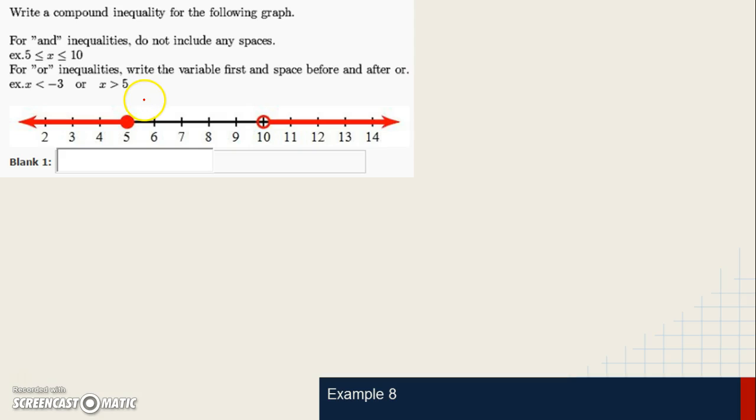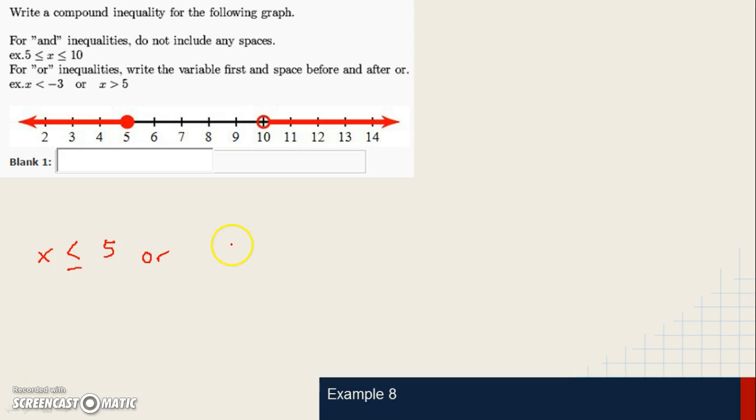Example number 8. Here is a disconnected line, so we know that we have an OR. And our first inequality, our endpoint is 5. And the red line is covering values that are less than 5, so we know that x is less than 5. And the circle on 5 is closed, so we know that 5 is included, so we're going to write equal to.